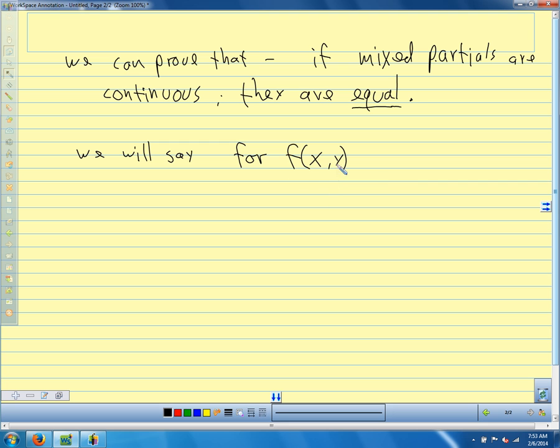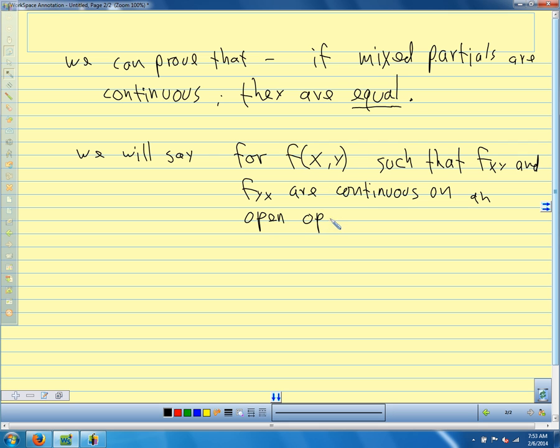the technical way we say it is if our mixed partials are continuous on an open disk of radius r, then our mixed partials, f sub xy equals f sub yx, for every point in the disk.